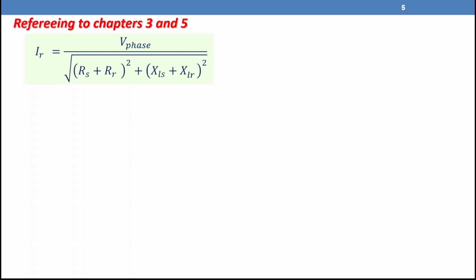Let's refer to chapters number 3 and 5. In chapter number 3, we calculated the rotor current at starting: V phase over the square root of (R stator plus R rotor over 1, since slip is 1) squared plus X equivalent squared. You can calculate the stator current: if you use the first approximate equivalent circuit, you add the no-load current to the rotor current. If you use the second approximate equivalent circuit, the stator current will be the rotor current.